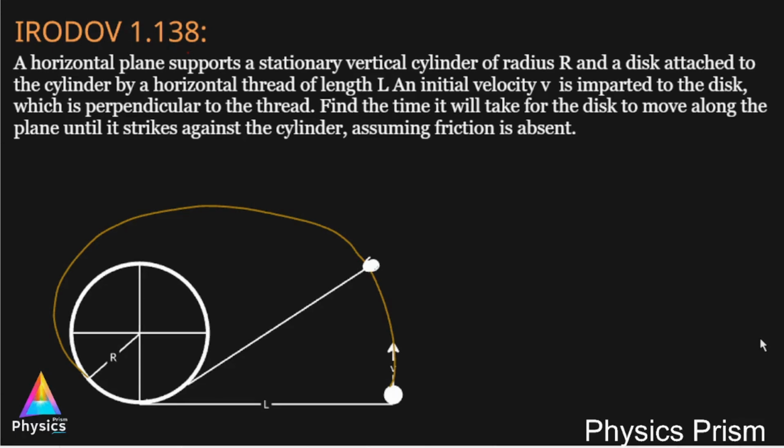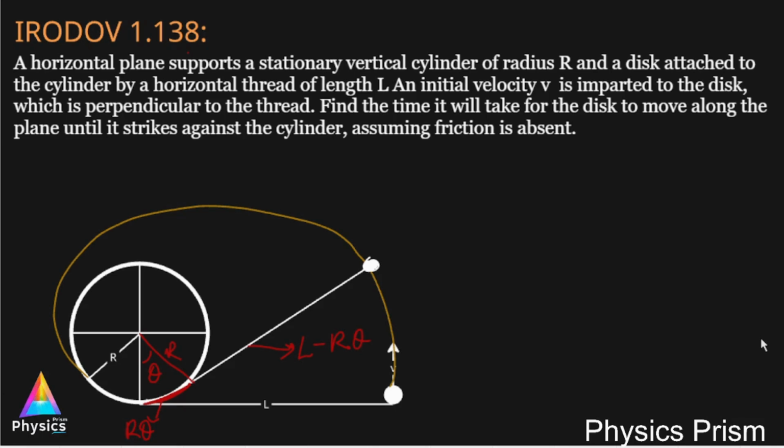So what part of the rope is this? Some part of the rope is already wound up against the cylinder. This part is making an angle theta, and since the radius is r, the arc length will be r theta, and so this rope length will be L minus r theta. This is very obvious and basic.